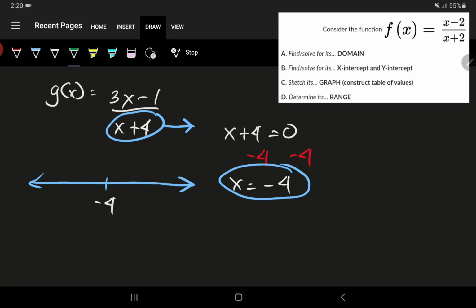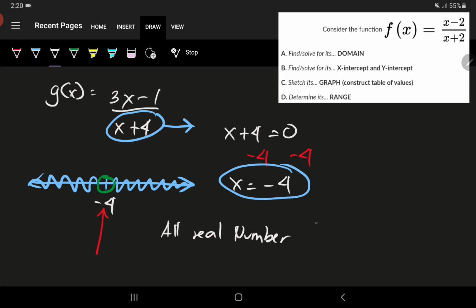So automatically, if that is negative 4 and that is not part of our solution, pwedeng maging part ng solution yung kabilang side, together with the left side. But this point, which is negative 4, siya ay hindi part ng solution, restriction siya. So, i-remove natin siya.